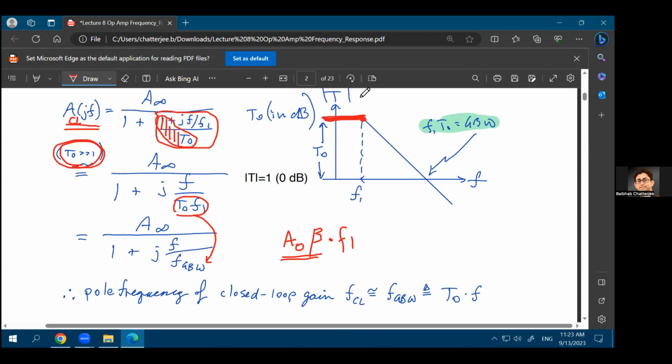So the gain, which is A naught times beta or T naught, times the bandwidth, we'll call that the gain bandwidth product. It's just the multiplication of gain and bandwidth that gives you the gain bandwidth product. So in a closed loop scenario, the gain bandwidth product is A naught times beta times f1. But f1 is the pole frequency in the open loop scenario.